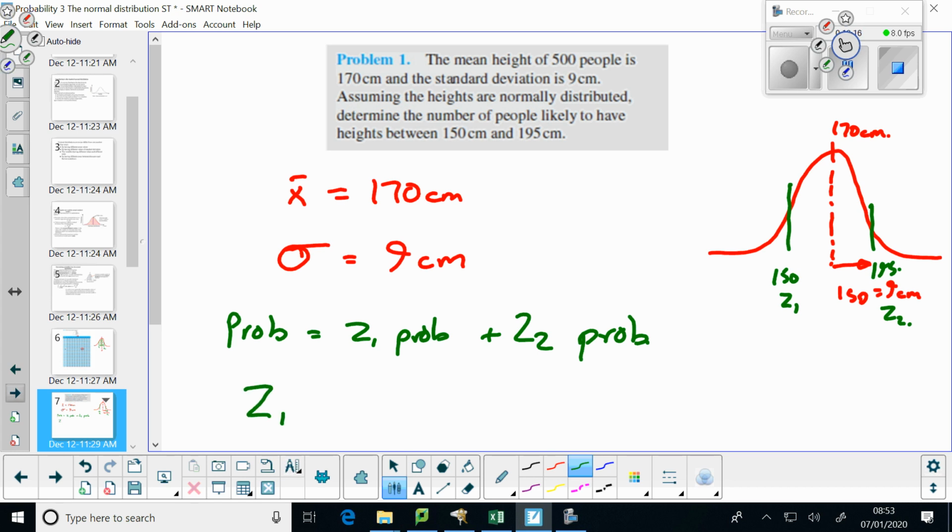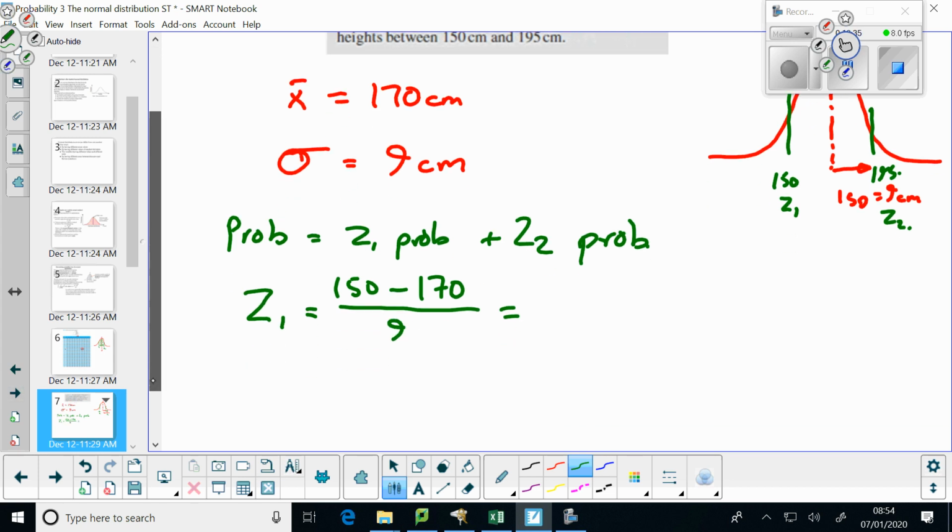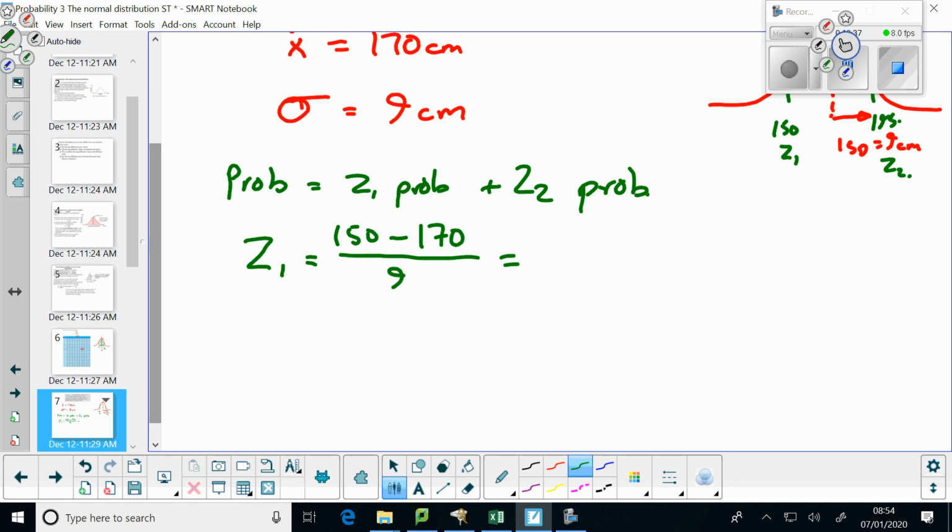So Z1 is equal to the value at Z1, 150, minus the mean, 170, over the standard deviation, 9. Calculate that. Z2 is 195 minus 170 over 9.